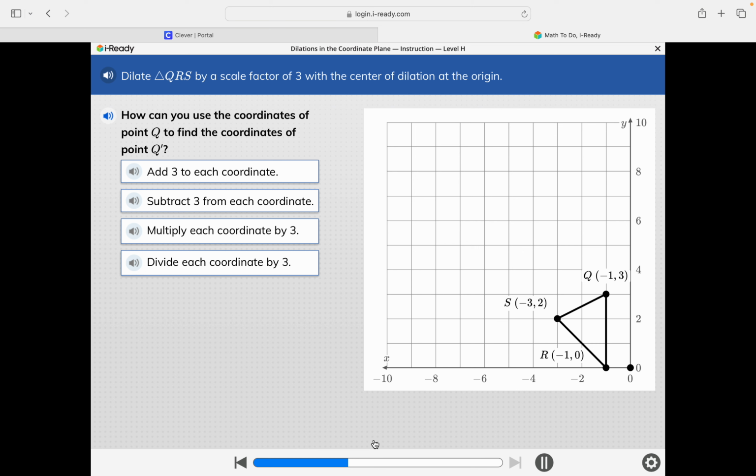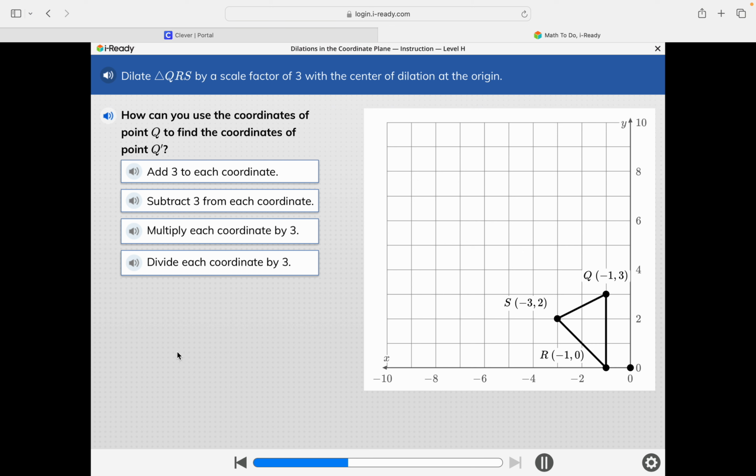And then 3 times 3 is how much? 3 times 3 is 9. So Q prime will be what, Subani? -3 and 9. So (-3, 9). Okay.